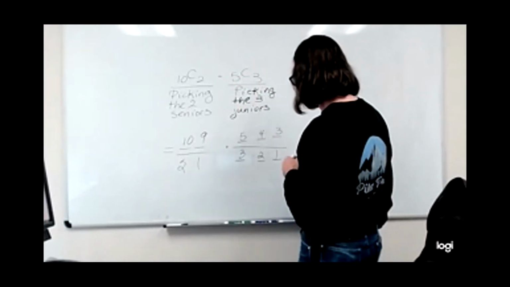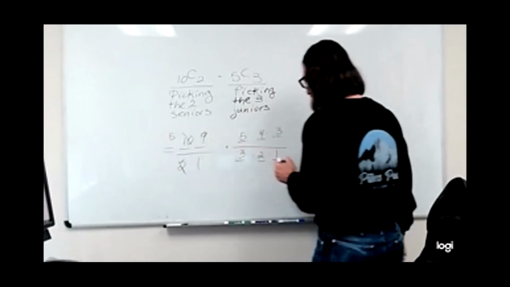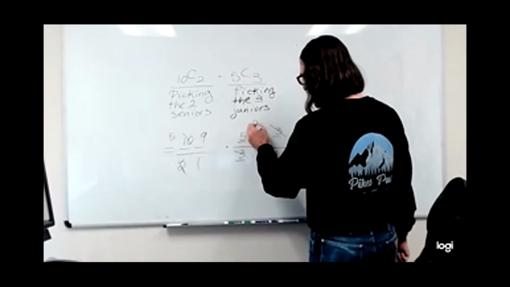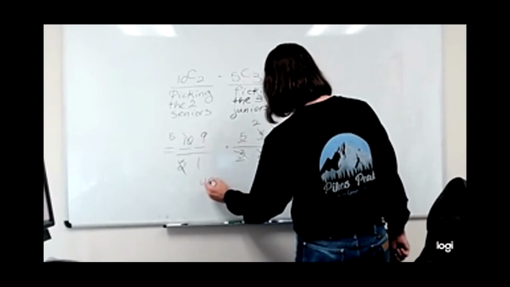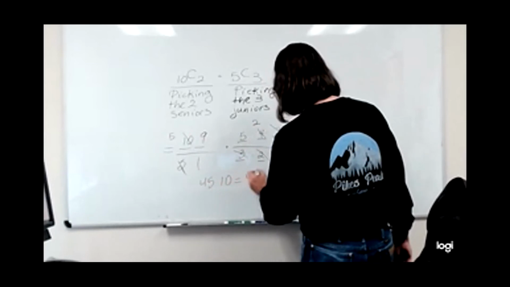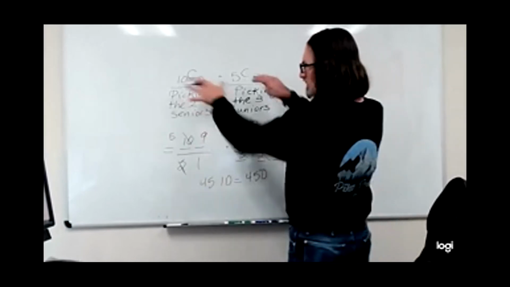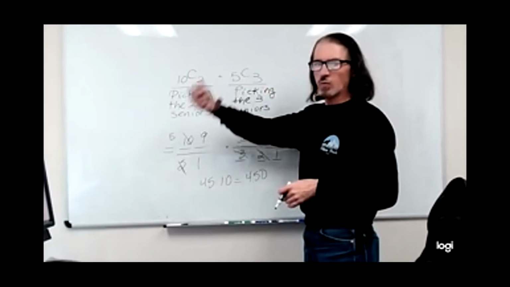Some reducing. Well, 2 into 10 5 times. Cancel the 3s. 2 into 4 twice. So I've got 5 times 9 is 45 times 10, coming up with 450.